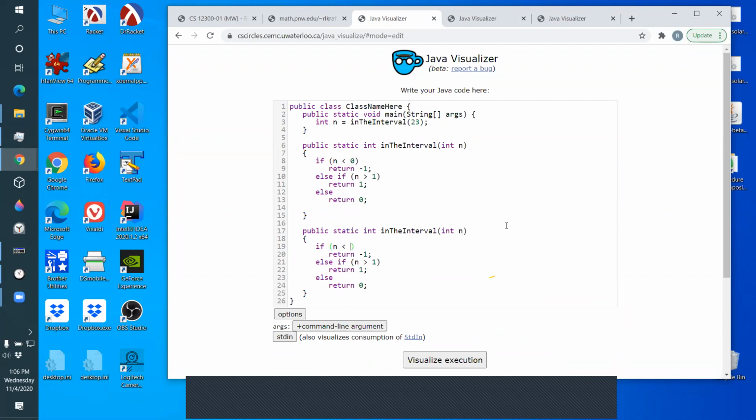I need to check something different here and something different here. And then I have to adjust my return values. I want the default case to be the negative, so -1 goes there. What can I do to make this work? I want it to be the same logic as up here, but I want the default case to be the negatives.